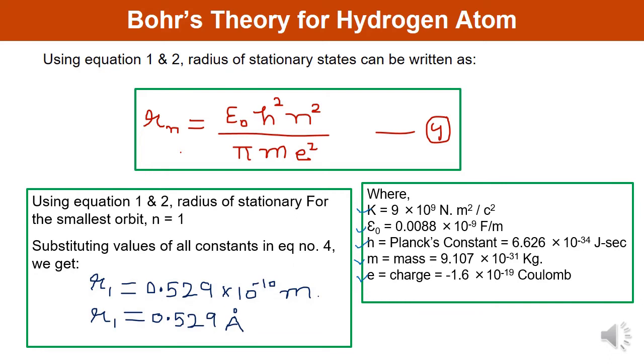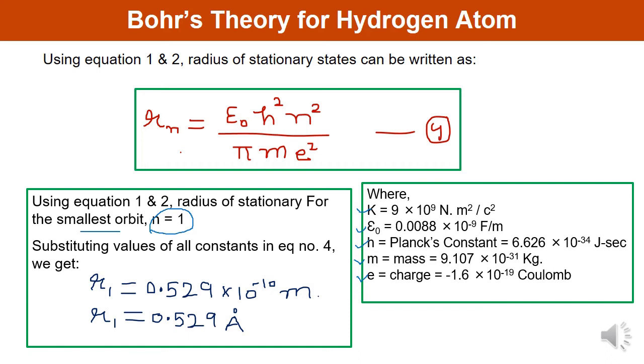So n equal to 1 is the case when you are calculating for the smallest orbit. If you substitute n equal to 1 and put in all the values of the constants epsilon naught, h, m and e, then since n is 1, r1 will be equal to 0.529 into 10 raised to the power minus 10 meter, or you can write it as 0.529 Angstrom.